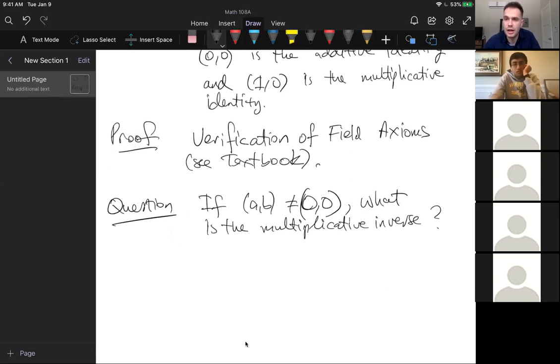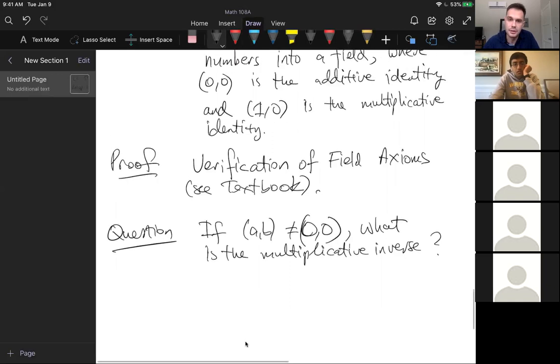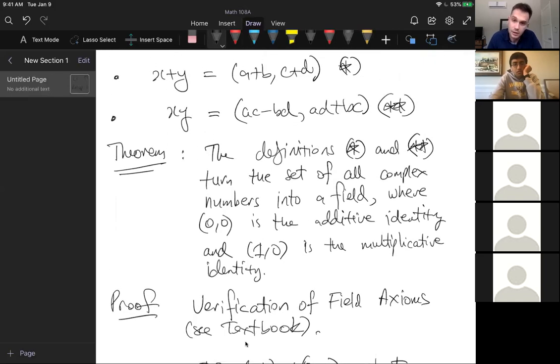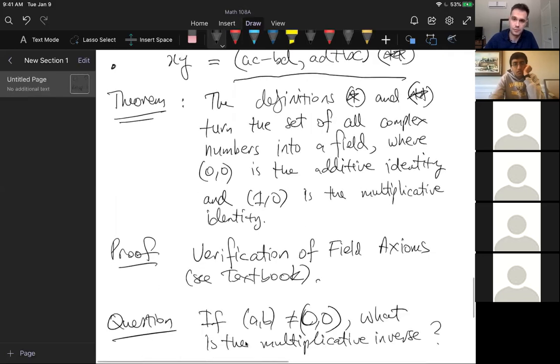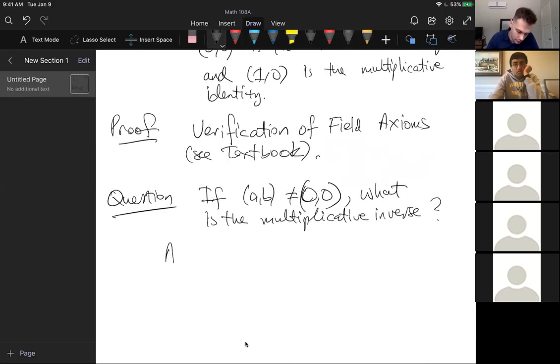It's not going to be (1/A, 1/B), because that's not how the multiplication law works. We need a formula that inverts this. The multiplicative inverse should look like (A/(A²+B²), -B/(A²+B²)). A little exercise to do if you get bored is to check.